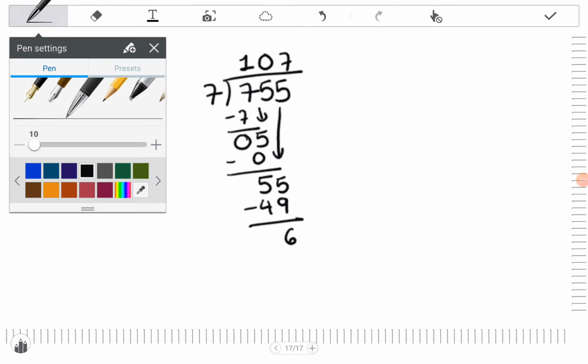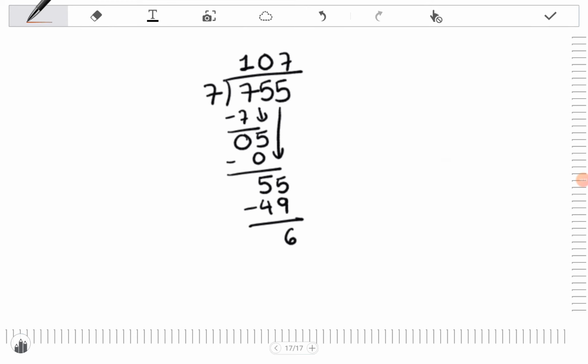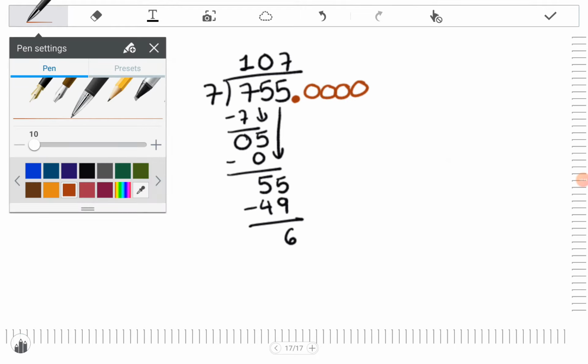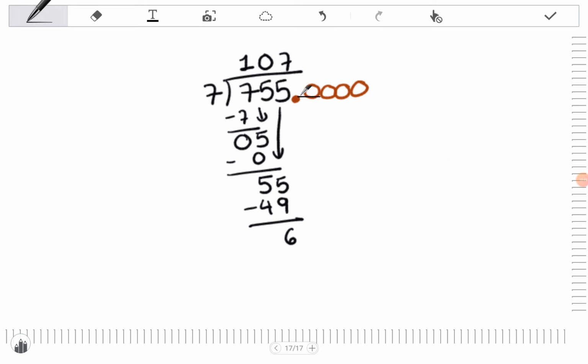And for that reason, we have to change the number without changing its value. Remember, to do this, you only need to write point, and as many zeros as you want. Okay? Now, let's see what happens. I have a point here, so I have to put my point on top in the same line. And now I can bring down the next number, which is 0.